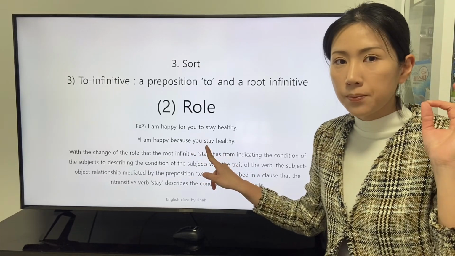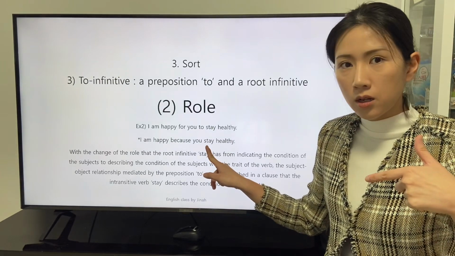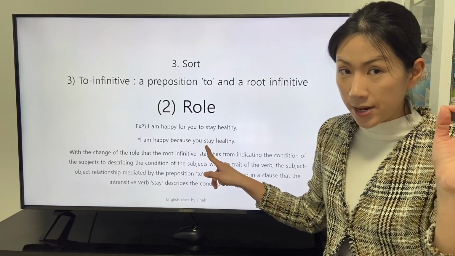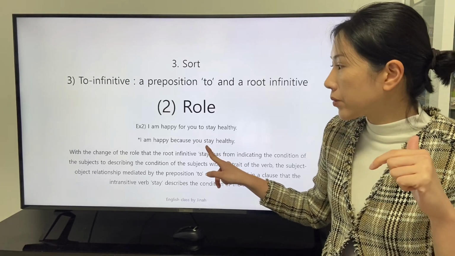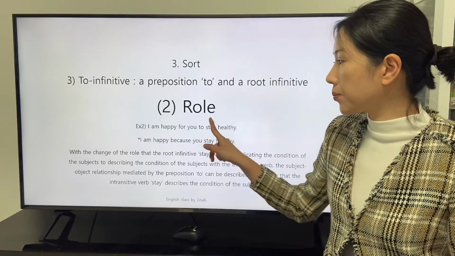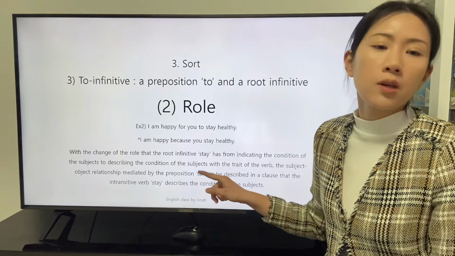The word stay that has the trait of the intransitive verb has the same form as the root infinitive stay.